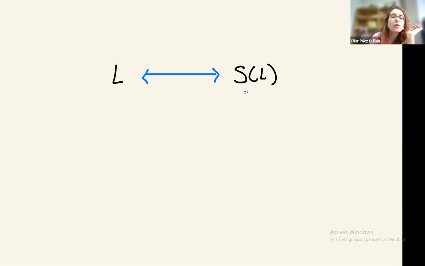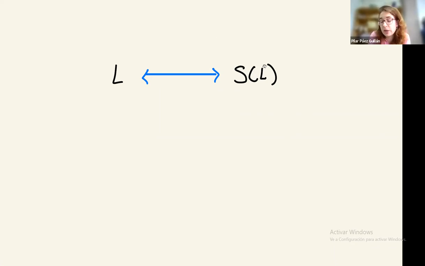So the idea is to relate the properties of these two objects, and we would like to know to what extent the properties of the algebra are determined by those of the lattice and vice versa.